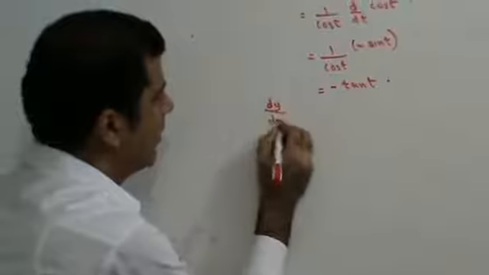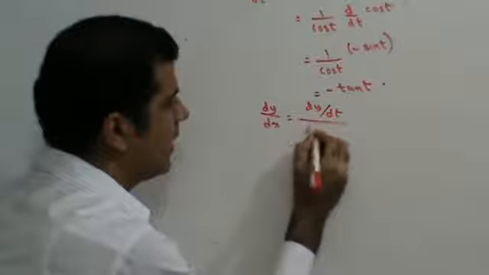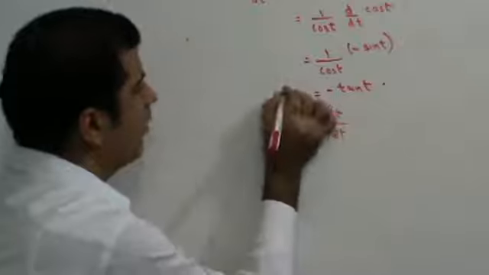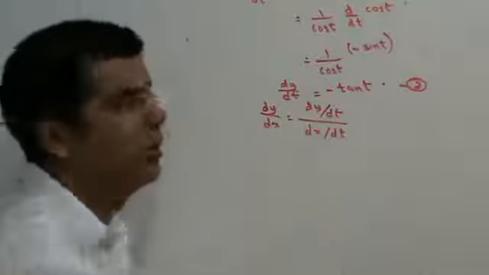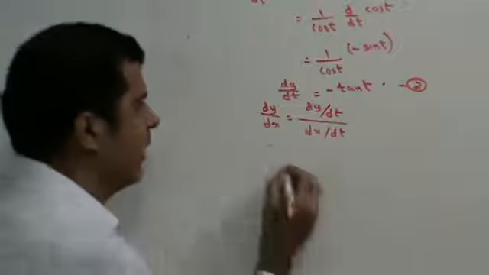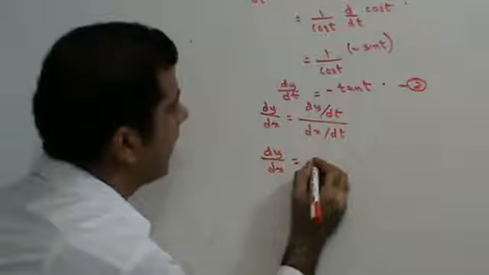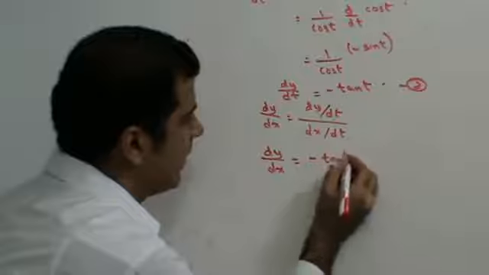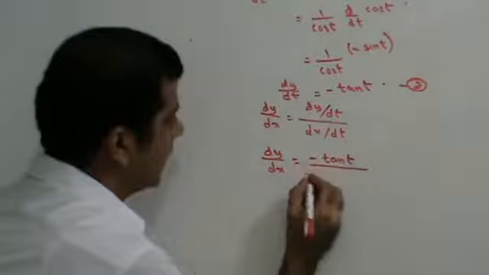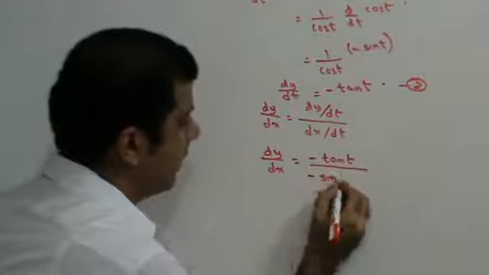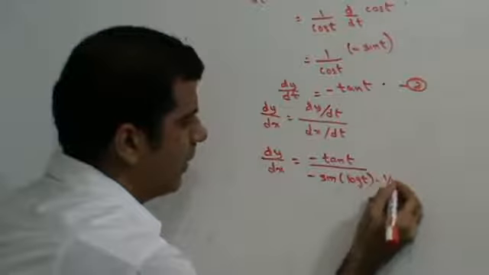Now I can say that dy by dx is nothing but dy by dt upon dx by dt. We have already found out dy by dt here. Call this equation 2. So from 1 and 2 I can say that dy by dx is equal to minus tan t upon minus sin log t into 1 upon t.